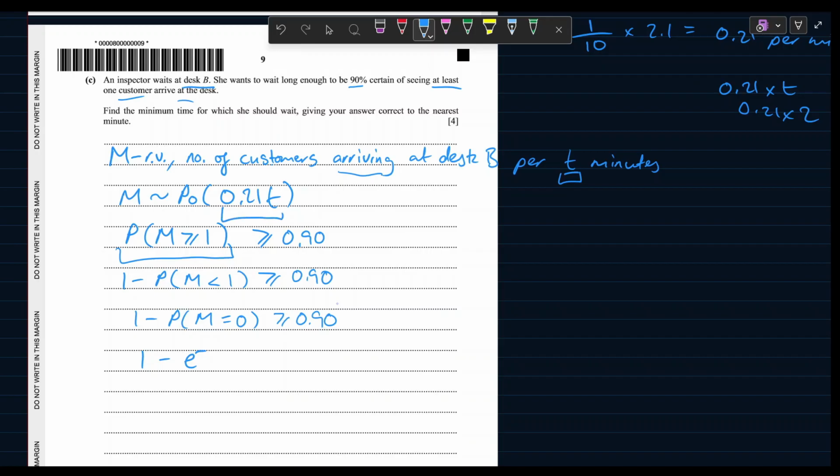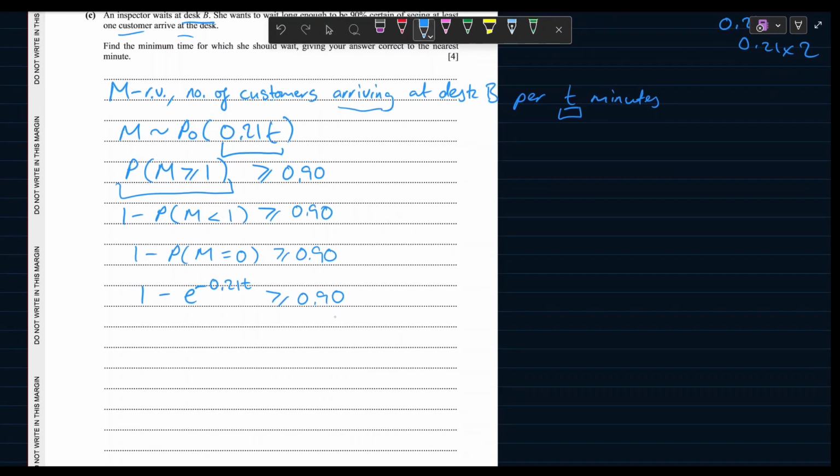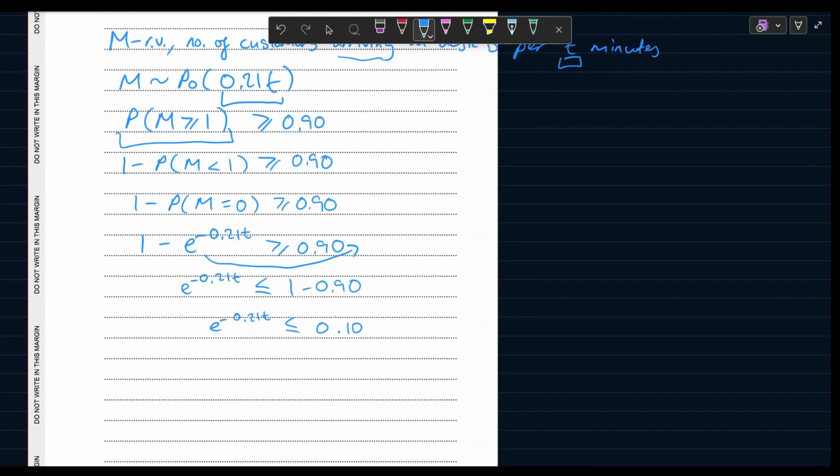What is our lambda? Our lambda is 0.21 t. And this is greater than or equal to 0.90. So now we need to solve for t. So this becomes e to the negative 0.21 t is less than or equal to 1 minus 0.90, that's 0.10. Then we can take the natural logarithm on both sides, and so the ln and the e cancel out.